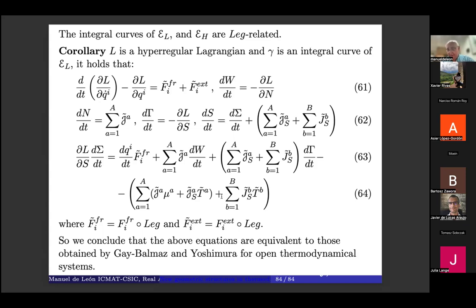We obtain the discrete thermodynamic equations. We study symmetries of the system, and also we develop, in the usual way, geometric integrators, and we have some simulations just to show how these things work.